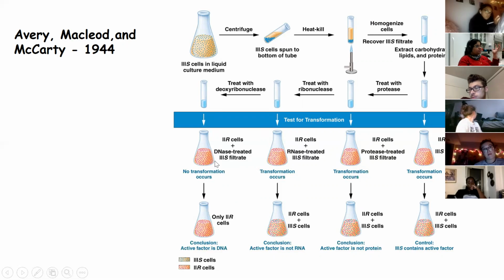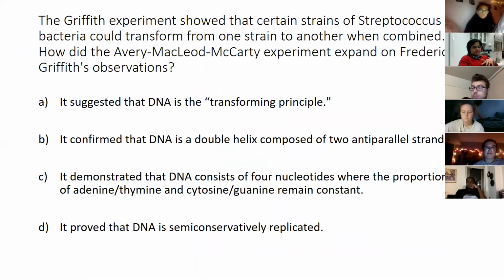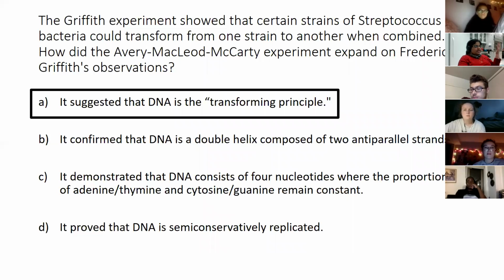So voila, DNA is the active factor that is transforming these cells. Does this experiment make sense to you guys? Okay, great. So that is how the answer is A for this question.